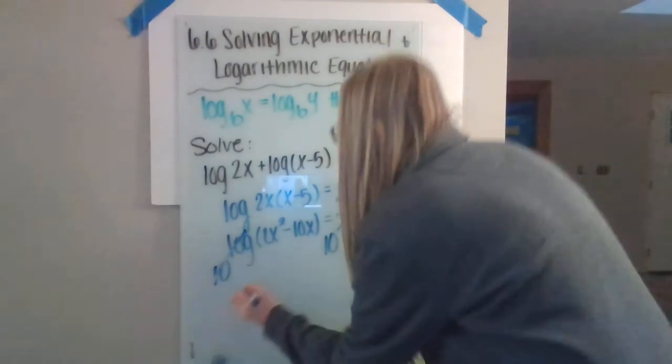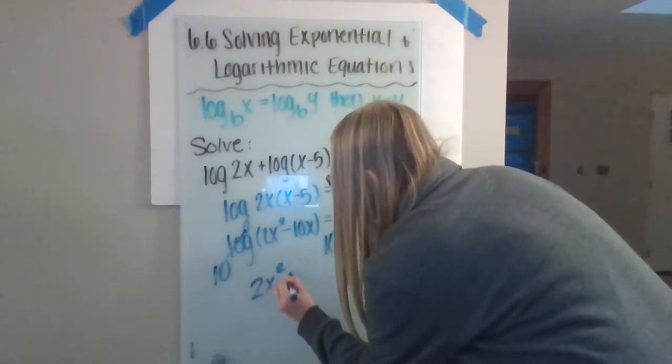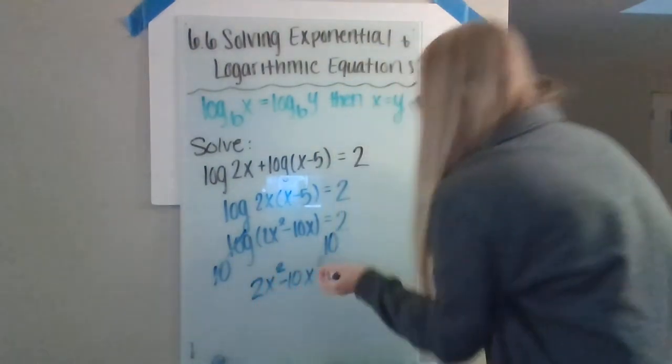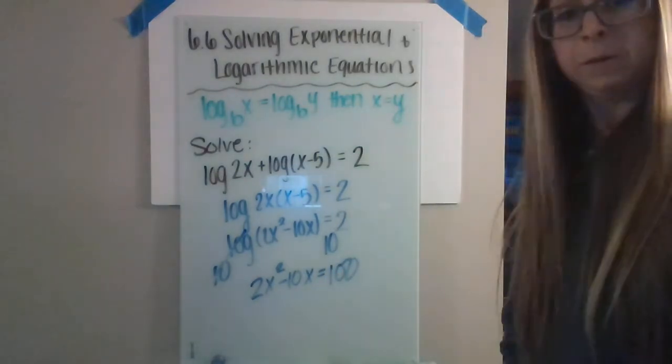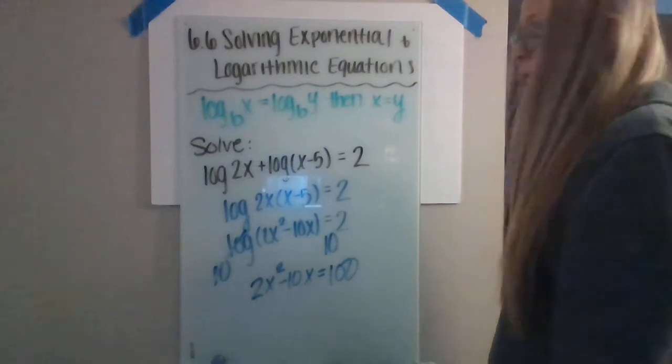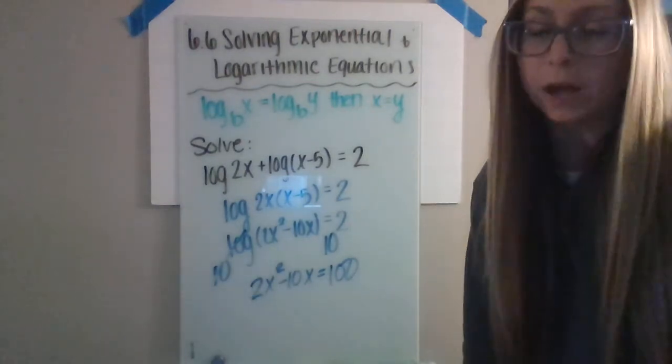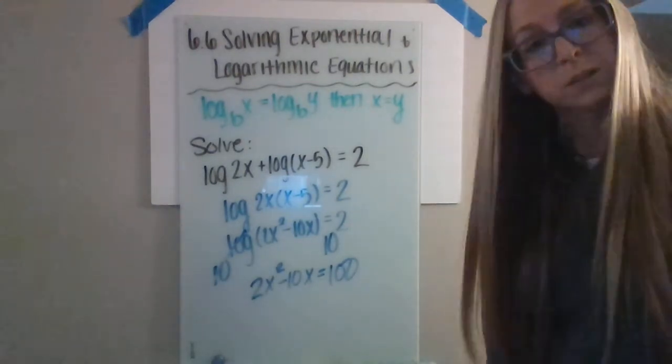All right, that'll cancel that. So I have 2x squared minus 10x equals 10 squared, which is 100. Okay. We know when we have a quadratic, or we should by now, in order to solve a quadratic, everything has to be set equal to 0.